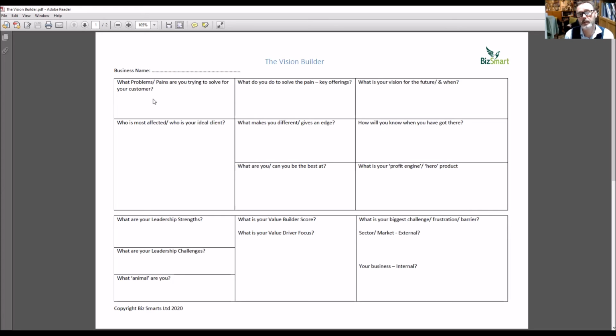What is the biggest challenge you've got internally, whether that be with a particular aspect, and maybe it's the sales, the lead generation side, maybe it's something else, but what is it internally that might be a barrier to you getting to where you want to get to? And this begins to get us to be thinking about how we can help each other to overcome some of these challenges. So that's a quick whiz through the vision builder.